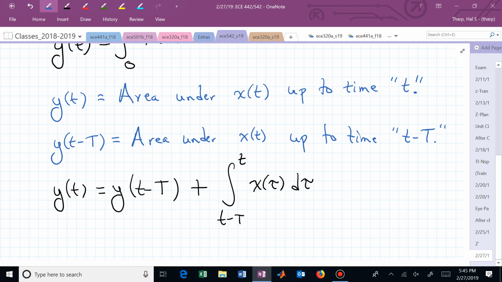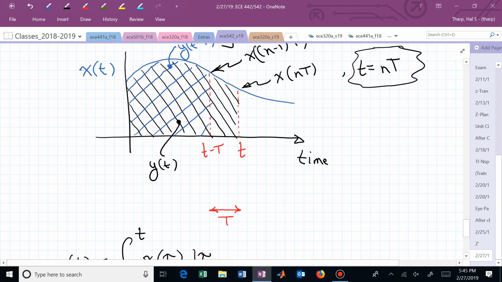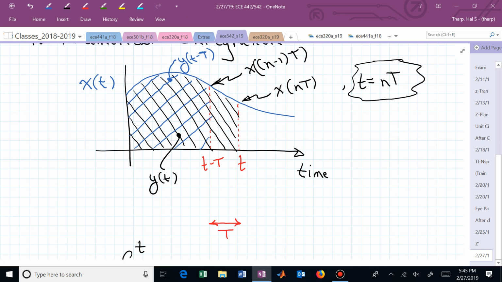And this rightmost term is really the single shaded area between little t minus capital T and little t. And we want to now develop different ways of approximating that little area or that sliver of area between little t minus capital T and little t.